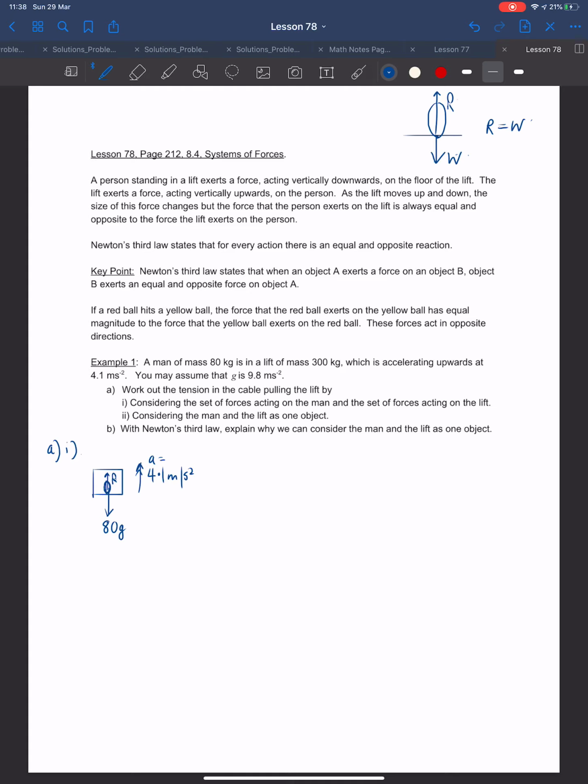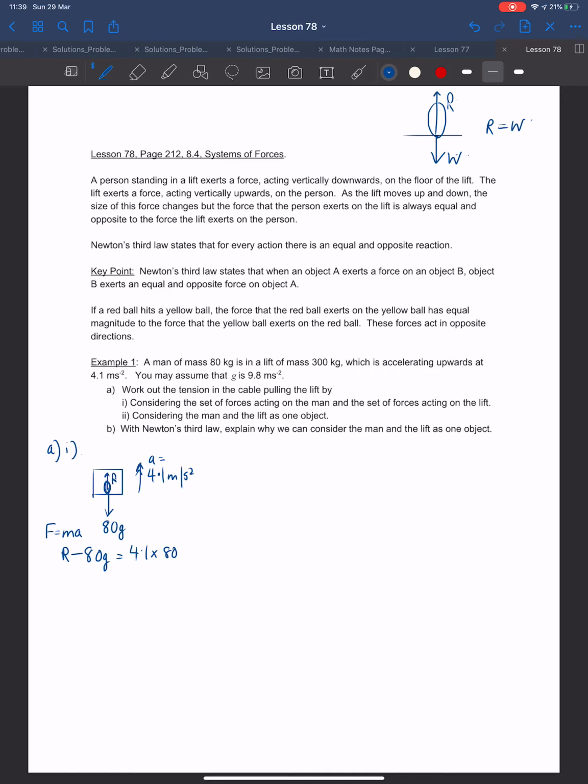So we're ignoring the mass of 300 kilograms now. We're just thinking about the man in the lift. The net force on the man is R minus 80g equals 4.1 times 80. So the net force is mass times acceleration.